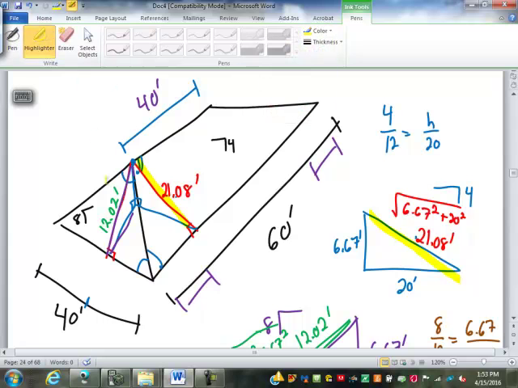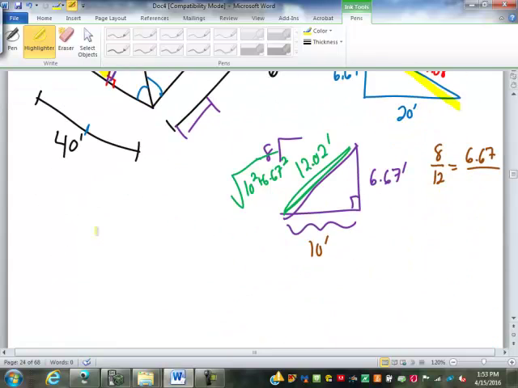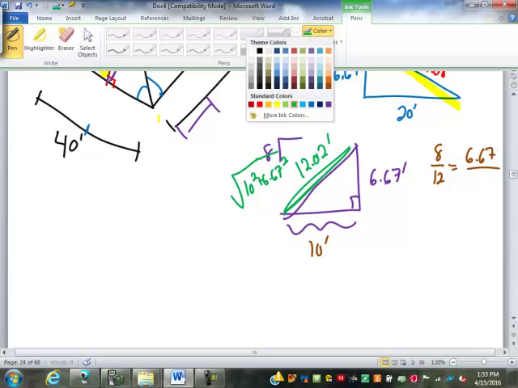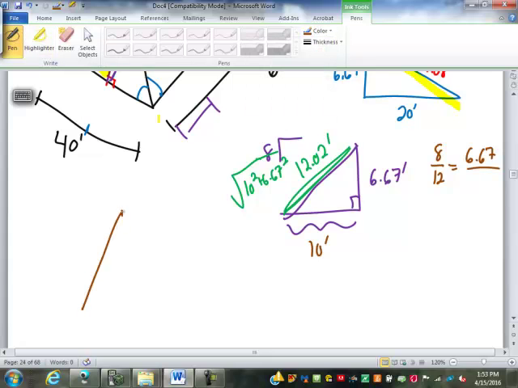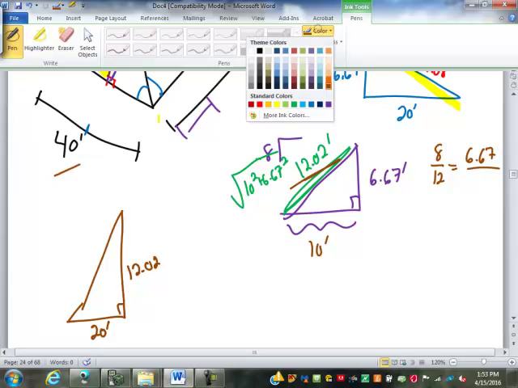Down here now to find this angle, I'm going to find half of it first. I'm going to use that triangle that I just highlighted to find half of that angle. This is 12.02. That's what I just calculated here. This is 20 feet. Half of my 40.